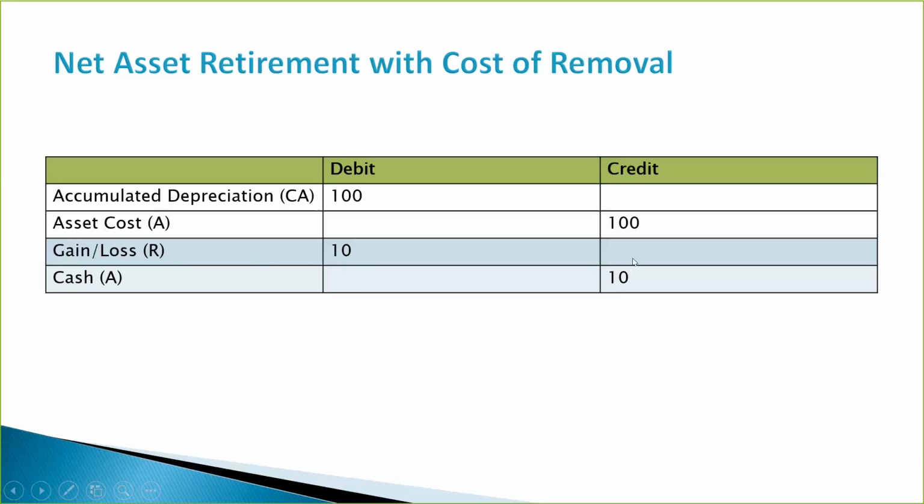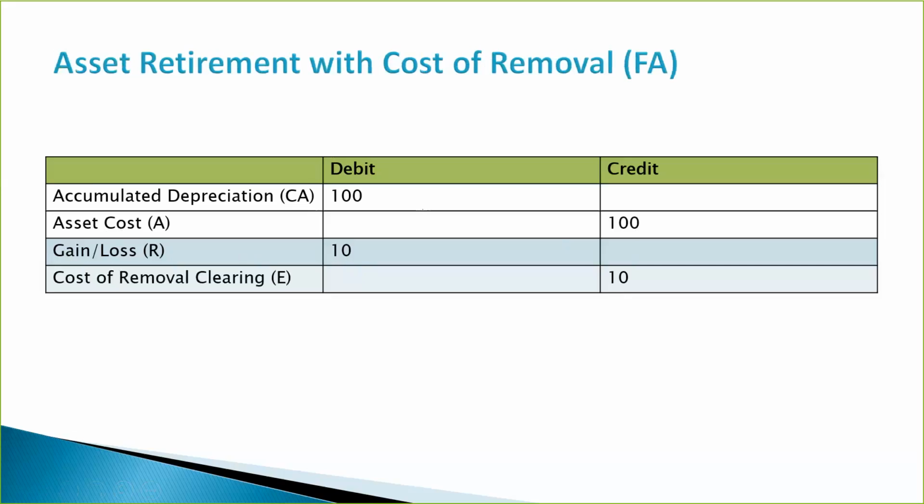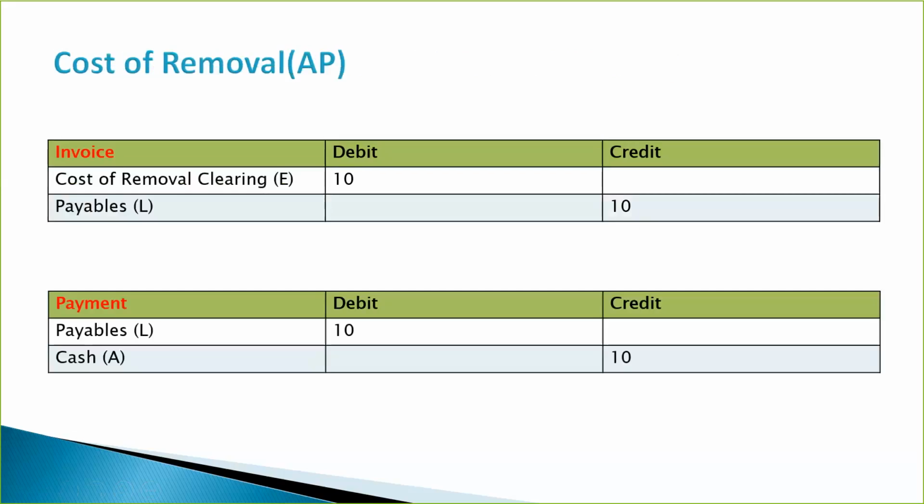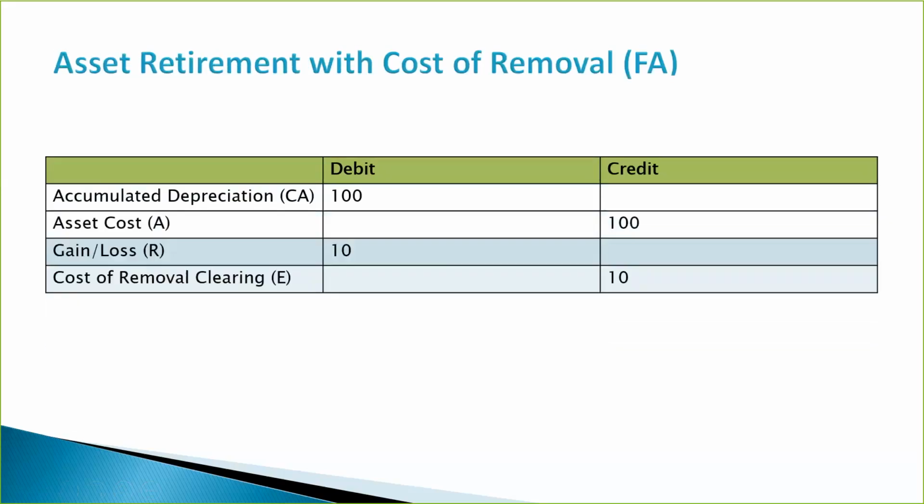Now, when I say the net accounting created is this, it doesn't mean that this is the only accounting that's created. These are the final balances associated with this transaction, all the way from AP to when this asset is retired.